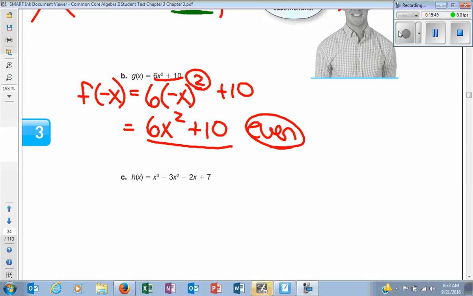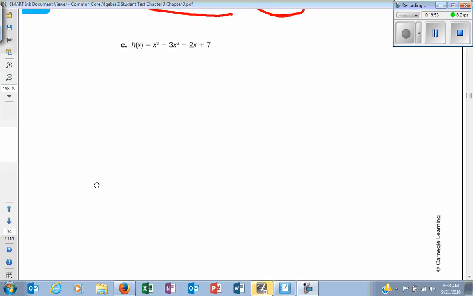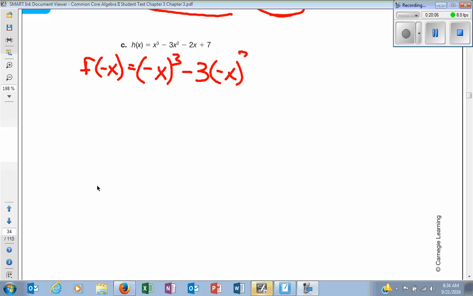All right, so when I try this one, I go, okay, let's try f at negative x, which means I get a negative x to the third minus 3 times negative x to the second minus 2 times negative x plus 7.